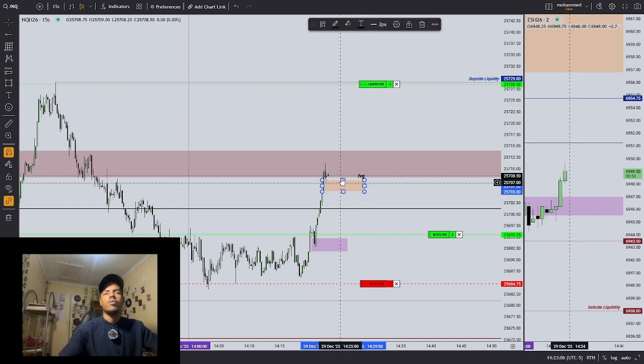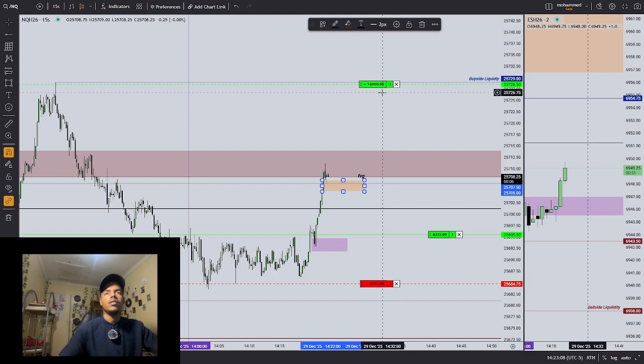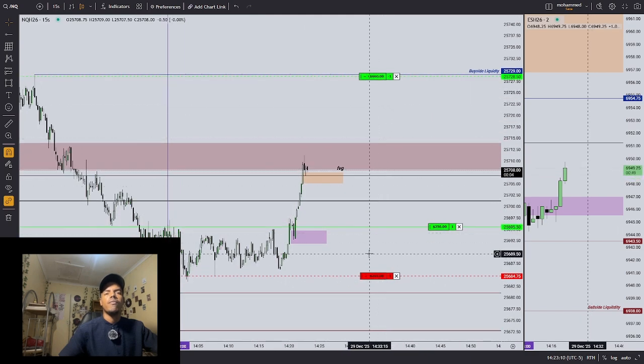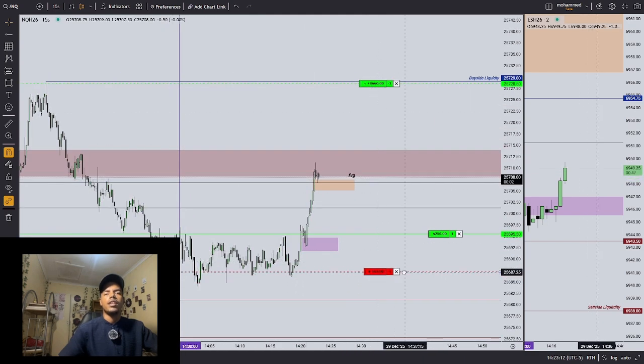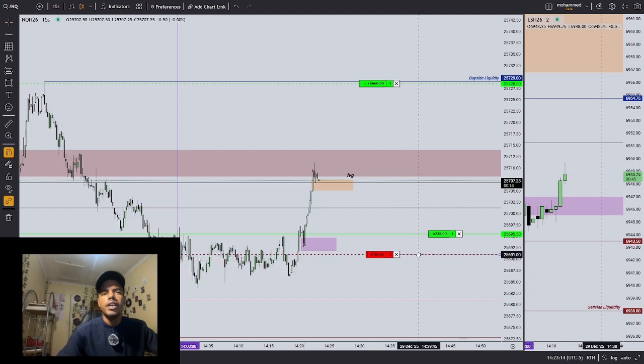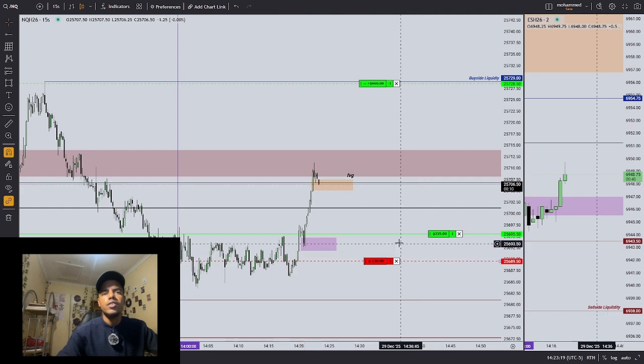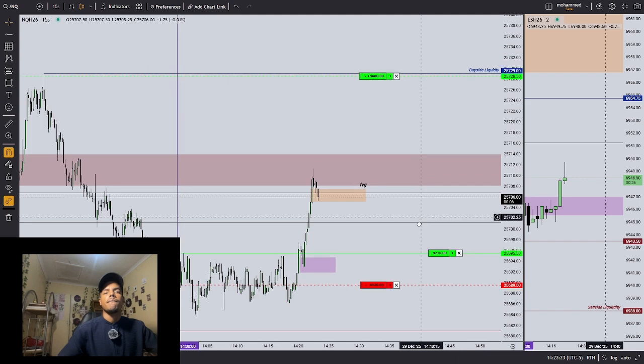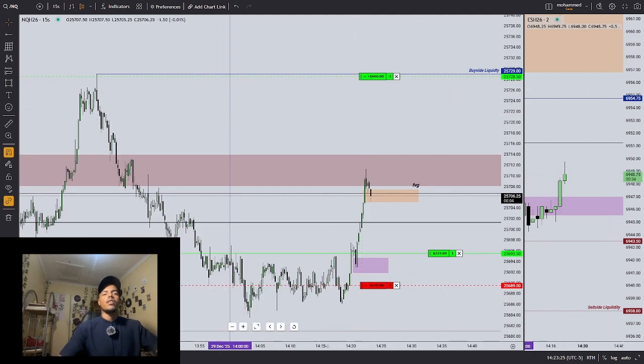So literally waiting for those fair value gaps to be respected. As you can see on your ES, you can see the PDRAs are being respected. However, let's just drag our stop loss as we did.